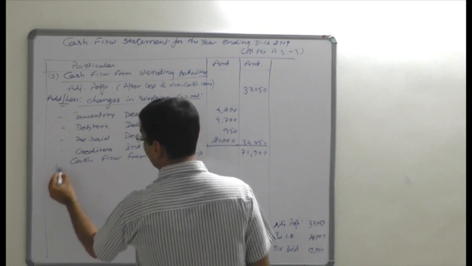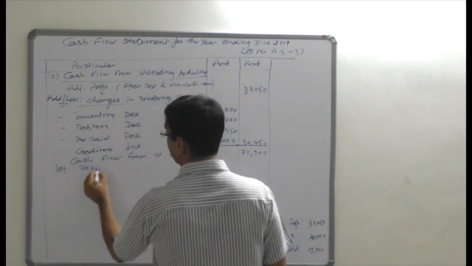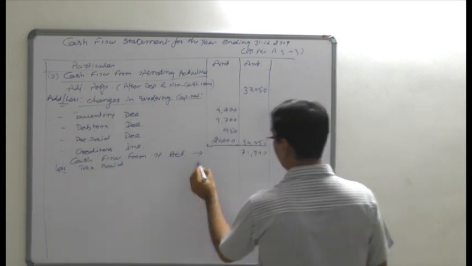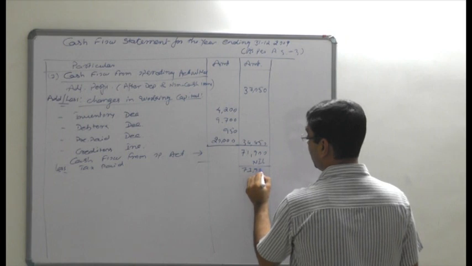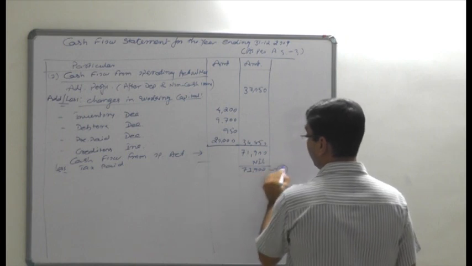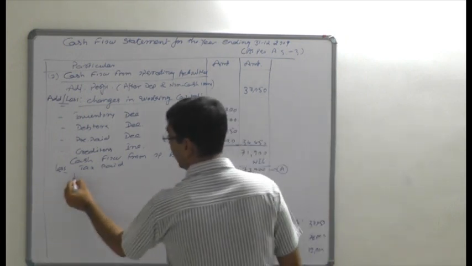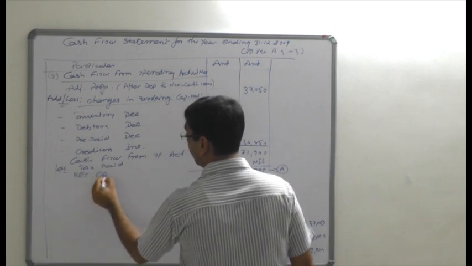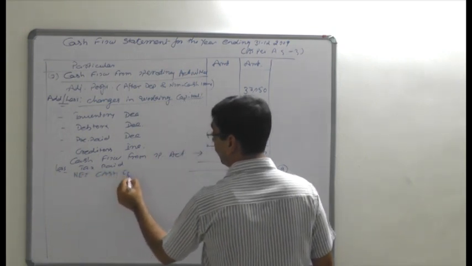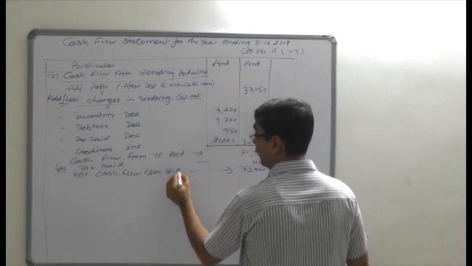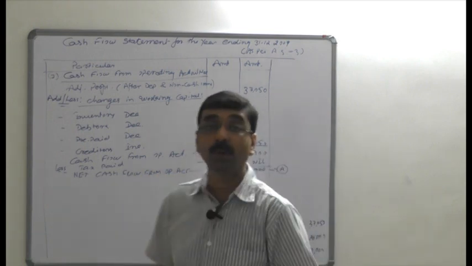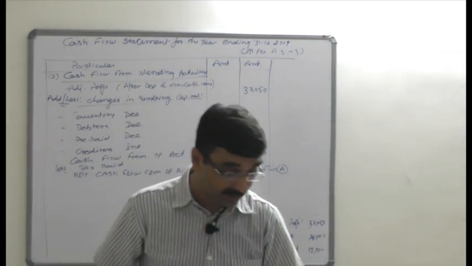If you want to show it, you can write it like this: tax paid, and the amount is nil. So your answer is 71,900, A, that is net cash flow from operating activities.